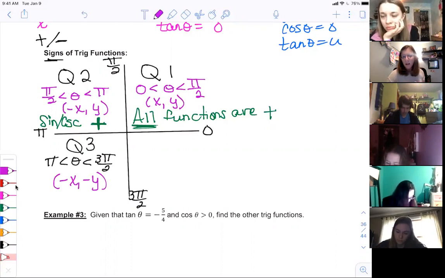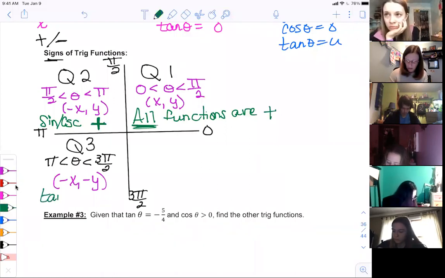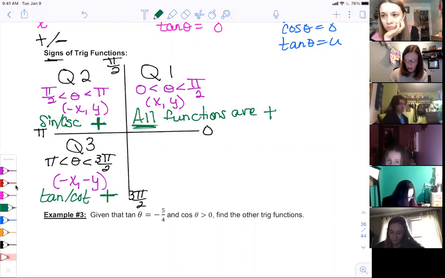Y is sine, well, y is negative. But tangent is a negative y over a negative x. And if you take a negative and divide it by a negative, that means our tangent and cotangent would be the positive functions. So if your angle is in the third quadrant, your tangent better be positive because both x and y are negative, creating a positive value.